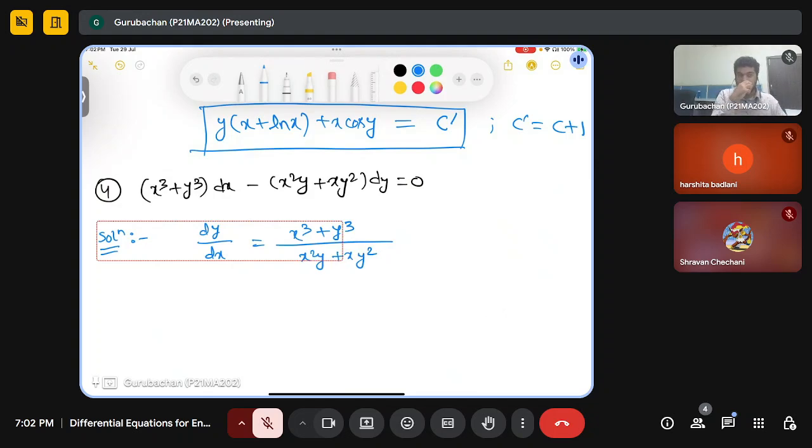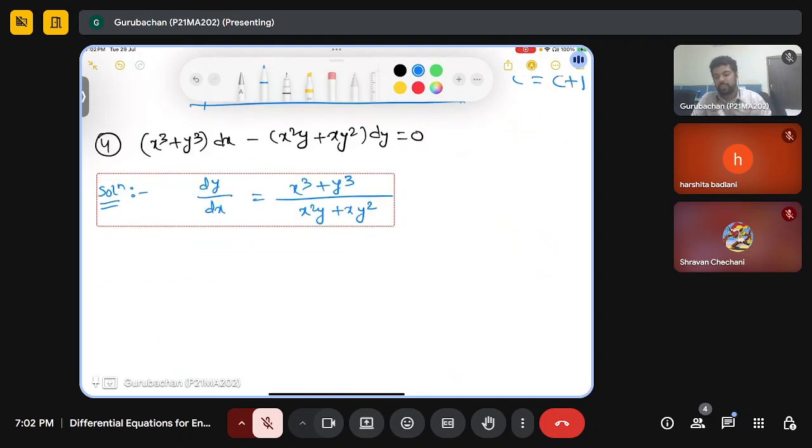I hope it is clear that it is a homogeneous kind of equation. So what will you do in a homogeneous kind of equation? You take the substitution y is equal to vx. Okay. So I hope you get it. Now try to solve it and tell me the answer.